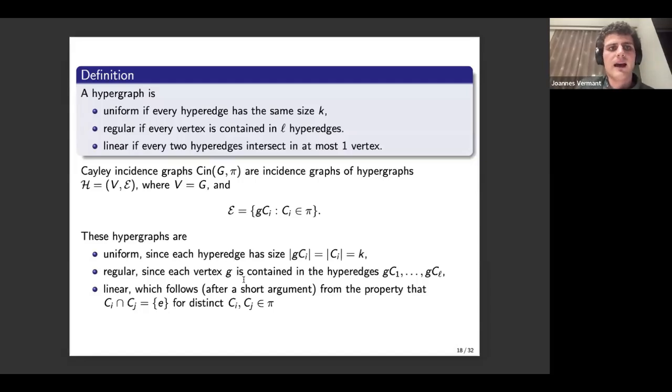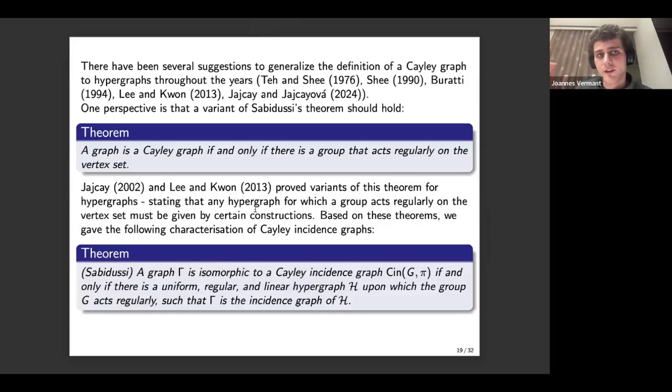And there have been many suggestions to generalize the definition of Cayley graphs to hypergraphs throughout the years. Here I mention some references where people have generalized Cayley graphs to hypergraphs in some ways. One perspective that sometimes appears is that a variant of Sabidussi's theorem should hold.